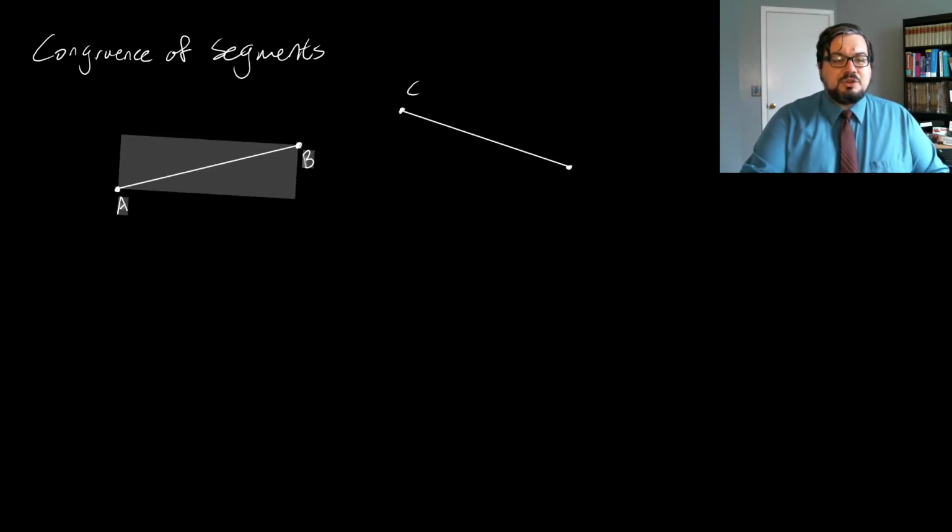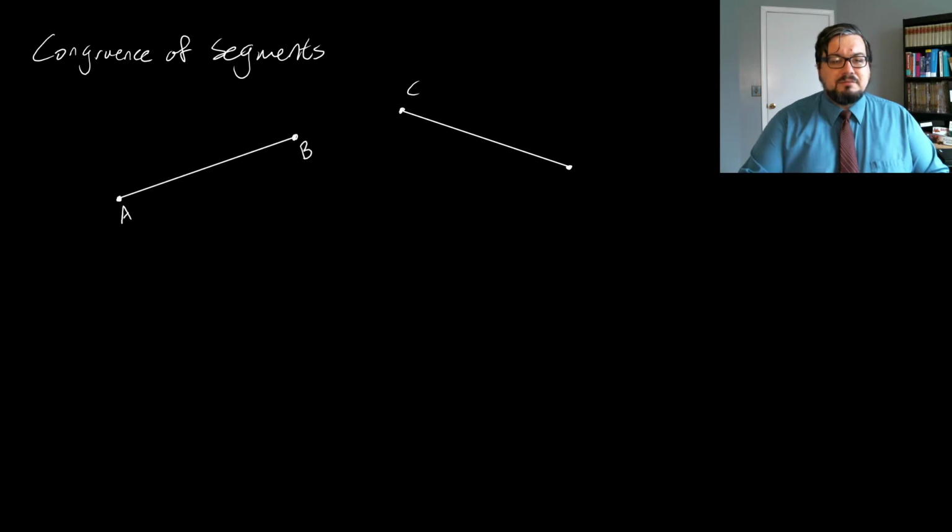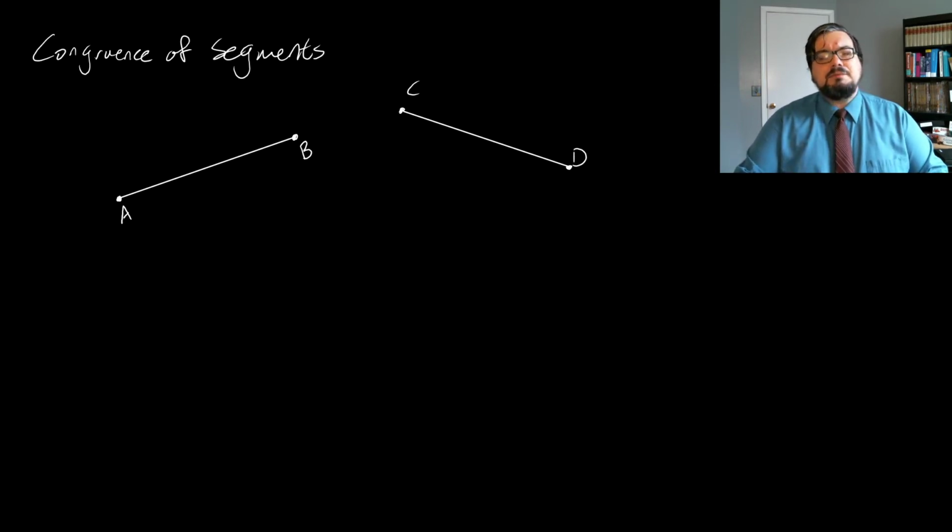Now, this intuitive process of moving things around so that they lie on top of one another is difficult to make precise in terms of the geometry that we've had so far. However, we can do something else.